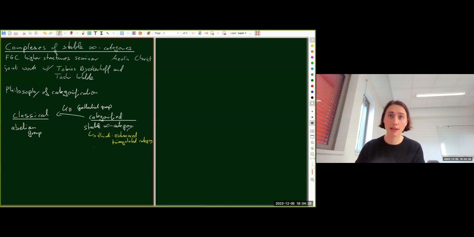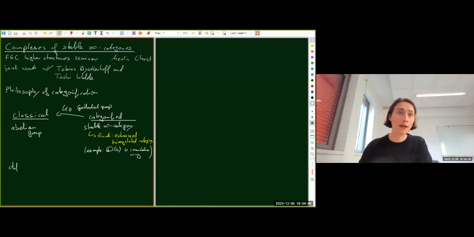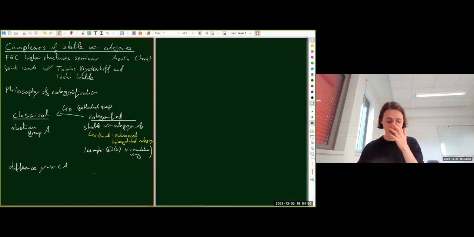Okay. And to give also an example of a stable infinity category, you can look at the unbounded derived category of a commutative ring. So let's do another thing. What's the categorification of the difference of 2 elements in an abelian group A? For that, an interesting phenomenon happens.